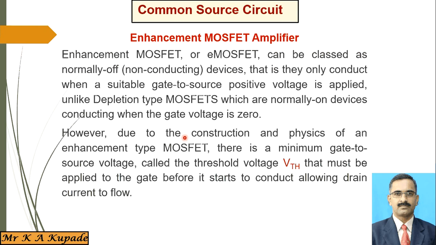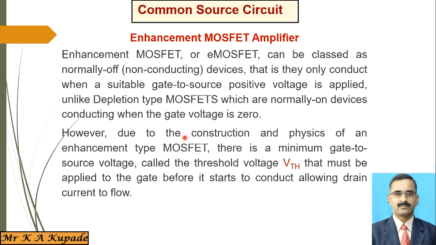Unlike the depletion type MOSFET, which is a normally on device. That means when the gate to source voltage is zero, with the gate terminal at 0 volt, it is in the on condition.